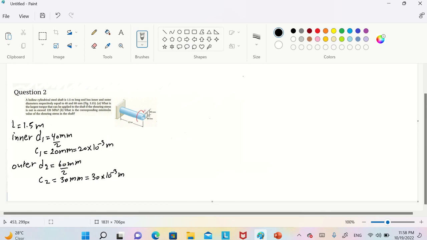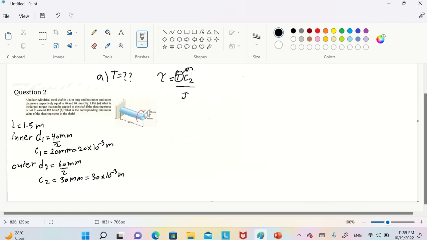So he says at A, what is the largest torque? So he wants the torque. There is a rule. It says shearing stress equal torque times the outer radius over the moment of inertia. So we need the torque right now.